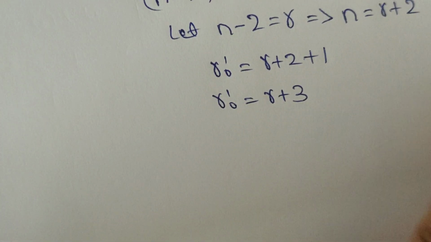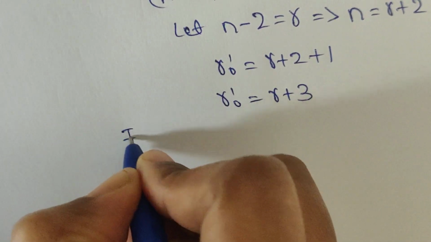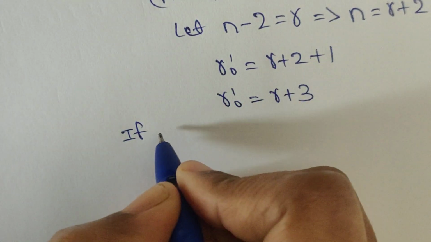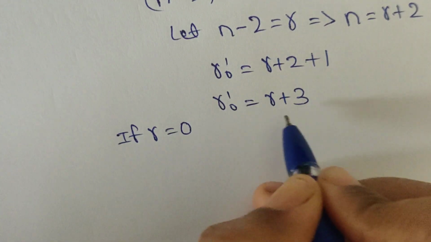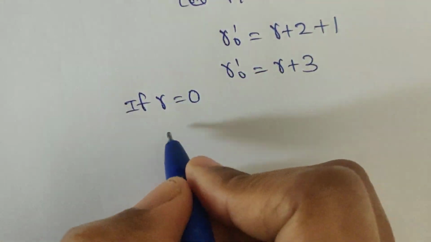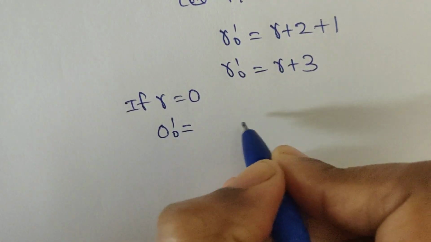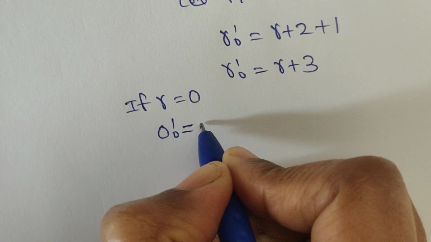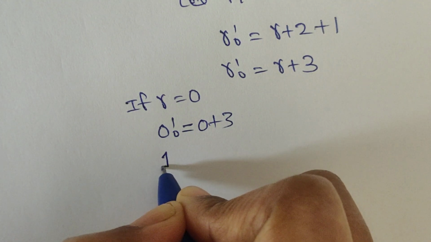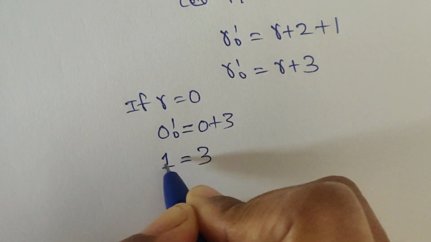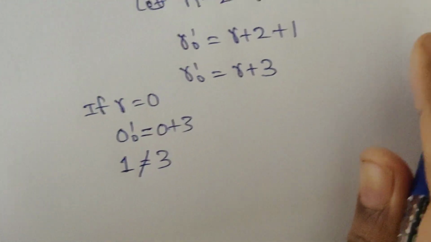So now if r is equal to 0, put this value in this equation, then we will get 0 factorial equal to 0 plus 3. Here 0 factorial is equal to 1, and the right side is 3. So 1 is not equal to 3.